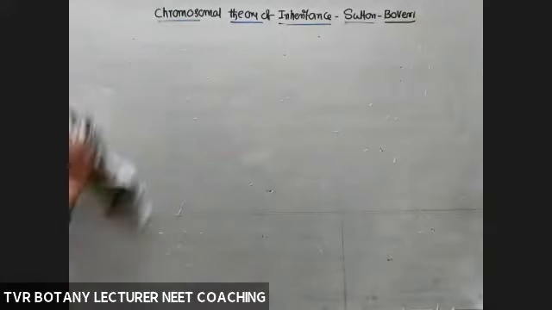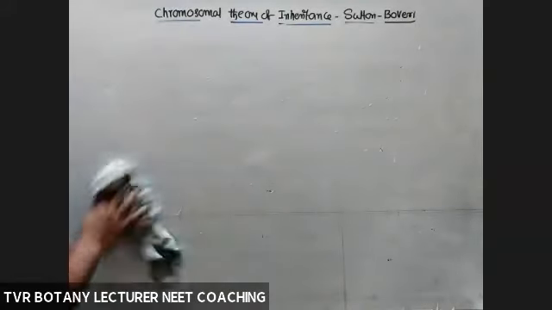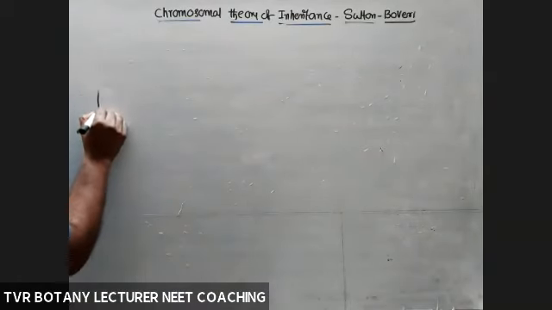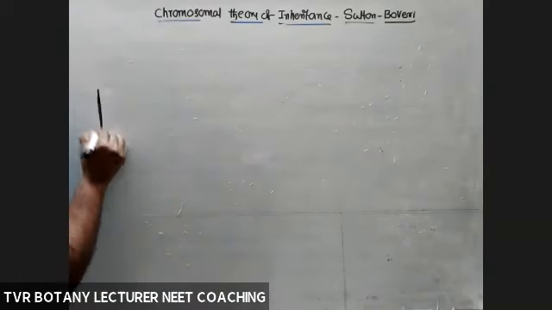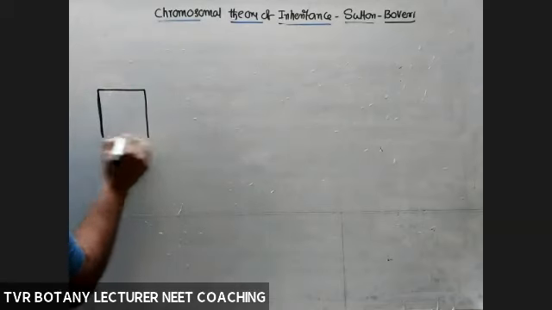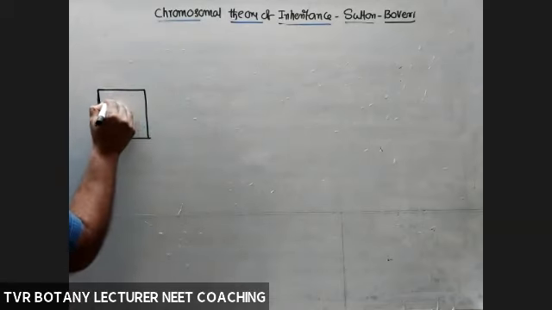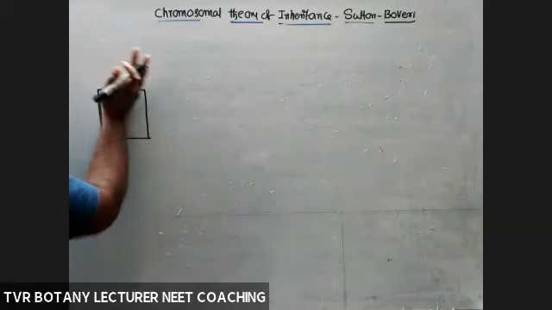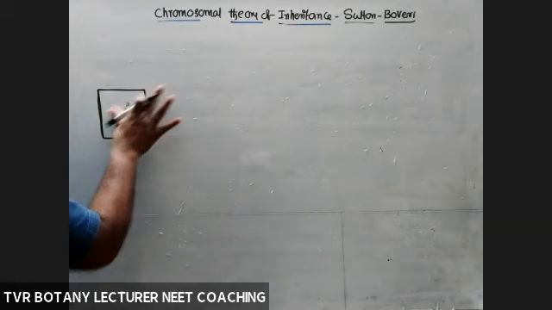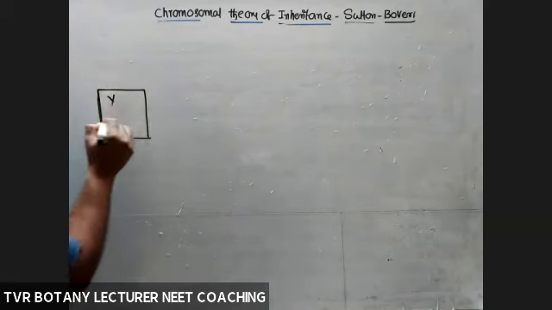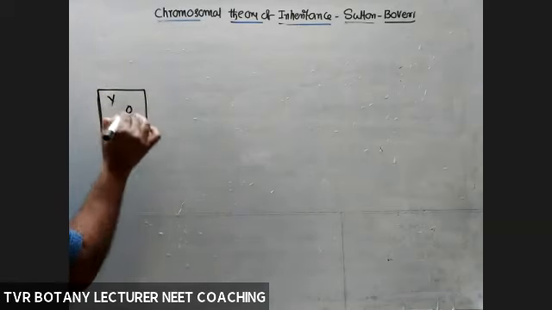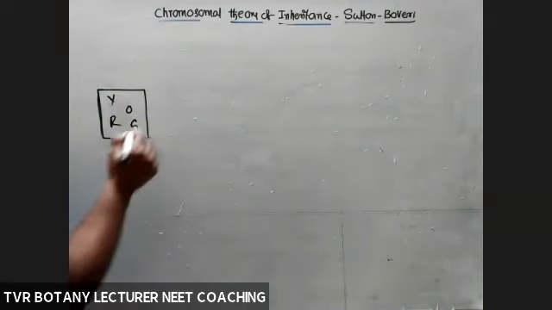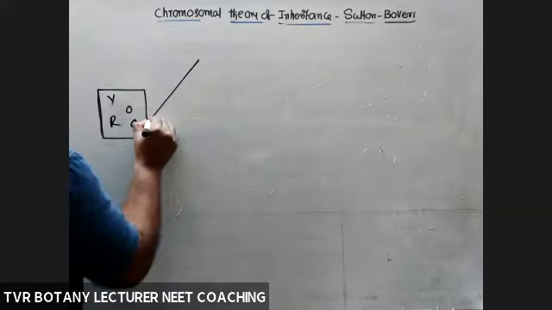Simply take one meiocyte. So this is a meiocyte. The same meiocyte with two probabilities at a time we are going to observe here. The yellow chromosome and orange chromosome are randomly distributed. Yellow chromosome, orange chromosome, red chromosome, green chromosome. Use symbols. So what about our two probabilities?